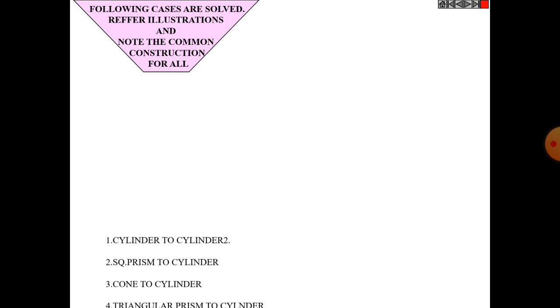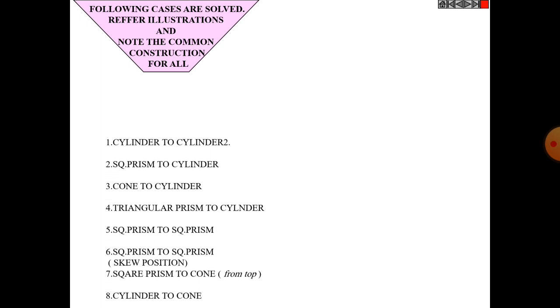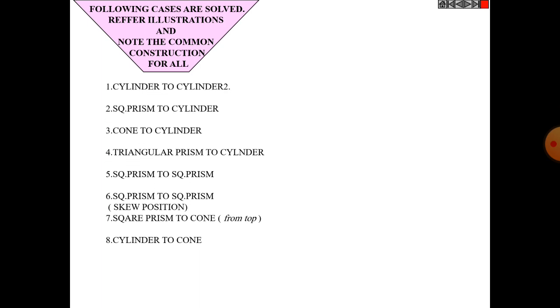Next, the following cases are solved; refer to illustrations and note the common construction for all. These cases are studied in this chapter with the help of drawing. First, cylinder with cylinder.